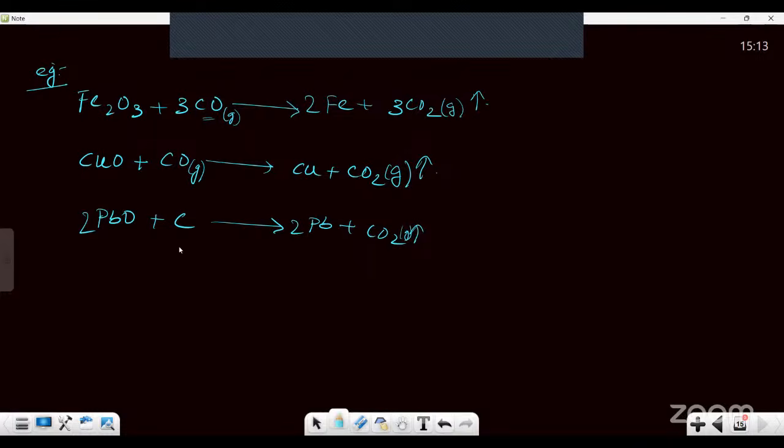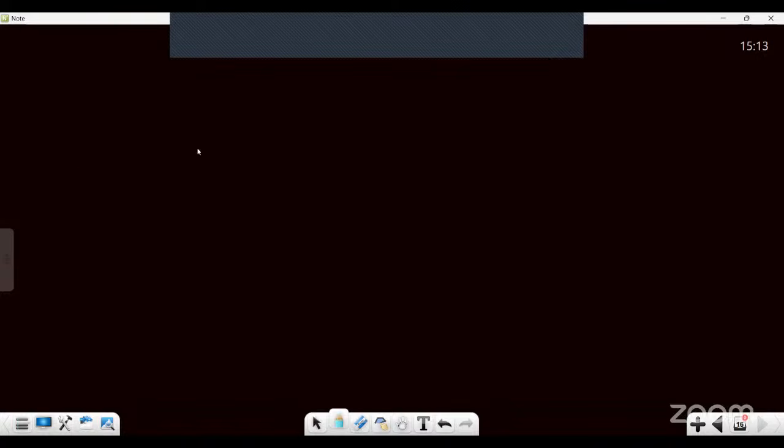So what is the purpose of smelting? Why should we be doing smelting? The main purpose of smelting, what is the objective? Main purpose is to convert the metal oxide.